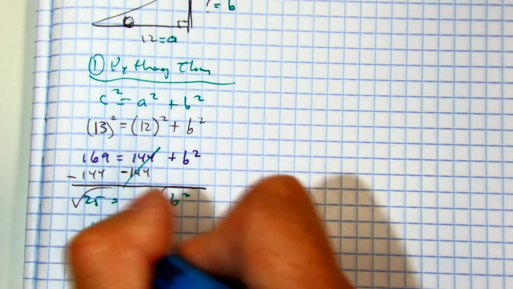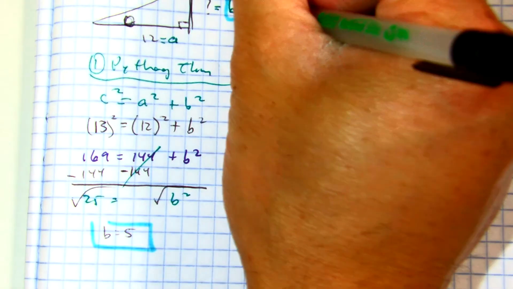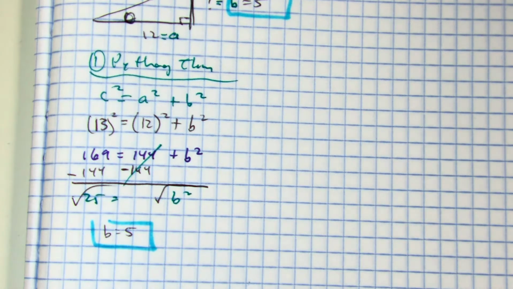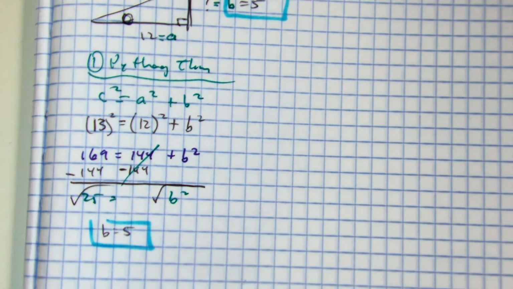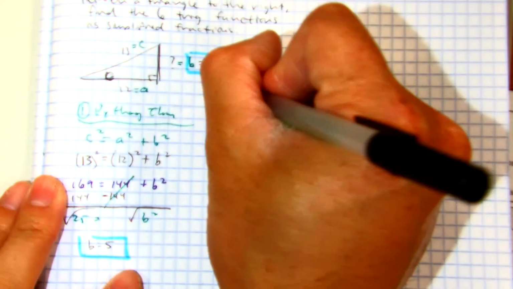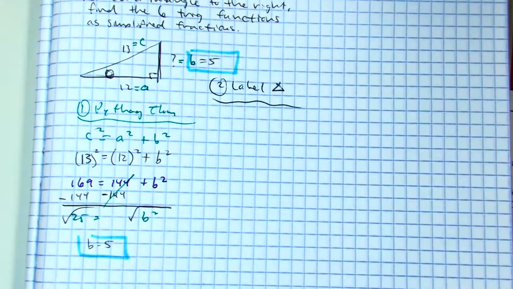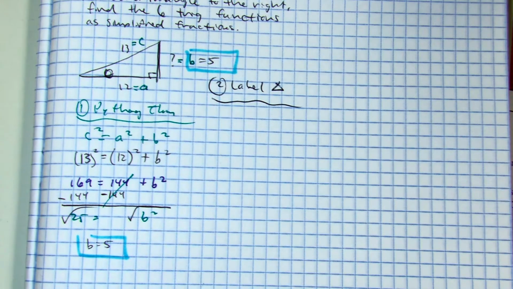So now that I know that this is 5, the next thing I'm going to do is label the triangle. What do you call this side?